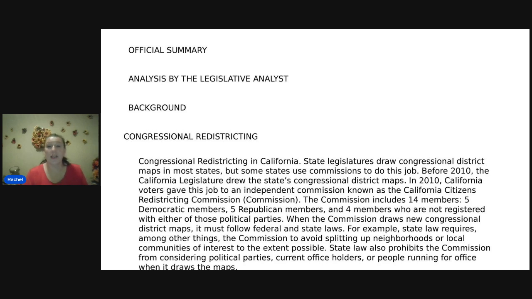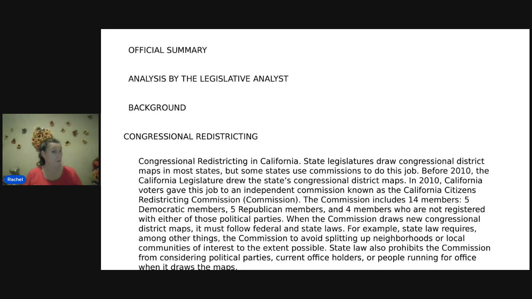Congressional redistricting in California. State legislatures draw congressional maps in most states, but some states use a commission to do the job. Before 2010, the California legislature drew the state's congressional maps. In 2010, California voters gave this job to an independent commission known as California's Redistricting Commission.